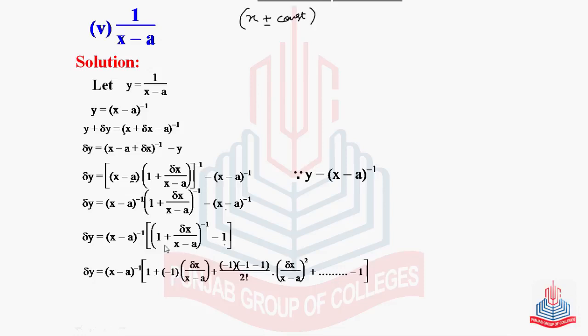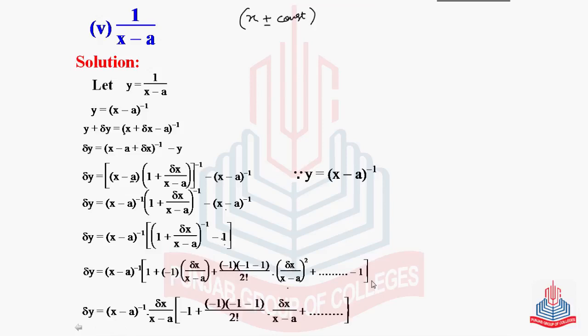So delta y is equal to x minus a raised to the power minus 1, 1 plus nx. Here n is minus 1, x is delta x over x minus a, plus n into n minus 1. Again n is actually minus 1, so that will become minus 1 into minus 1 divided by 2 factorial delta x over x minus a whole square plus up to so on, an infinite series, and at the end this minus 1 will remain the same.